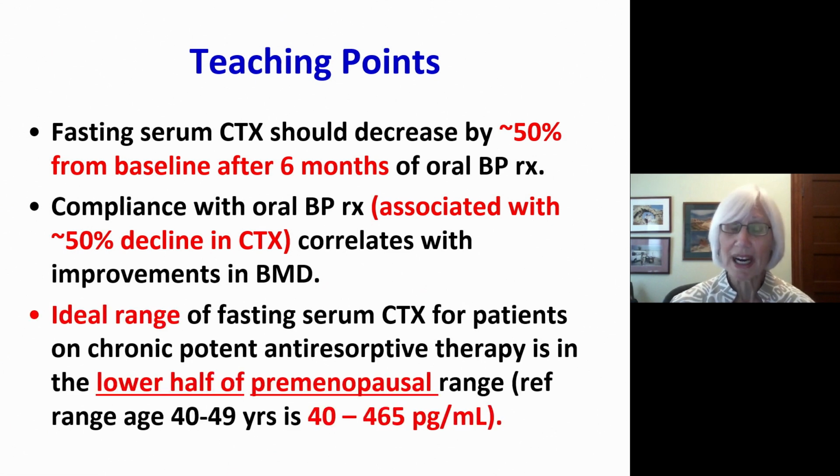And the ideal range of a fasting serum CTX in a patient on chronic potent anti-resorptive therapy is not in the postmenopausal range, but should be in the lower half of the premenopausal range, where we think the degree of bone turnover is ideal. So if this is the normal premenopausal range of bone turnover, a postmenopausal woman on a potent bisphosphonate should be at around 100 to 200 on her CTX after she's been on this for 6 months.